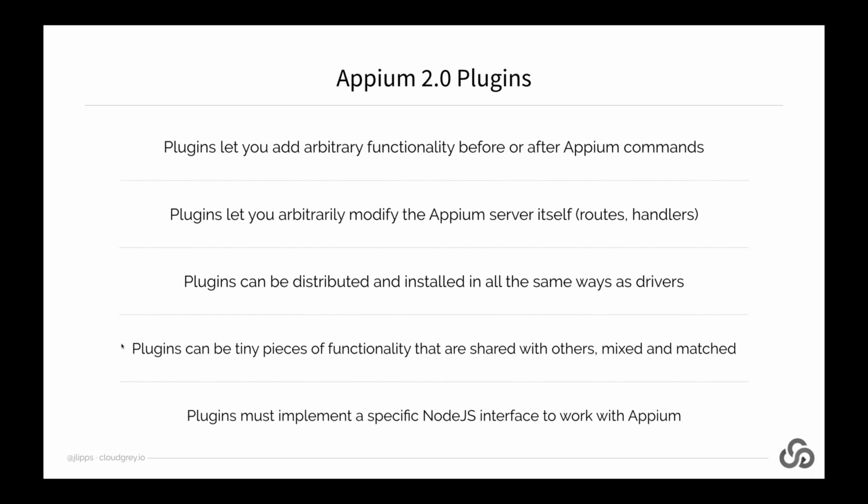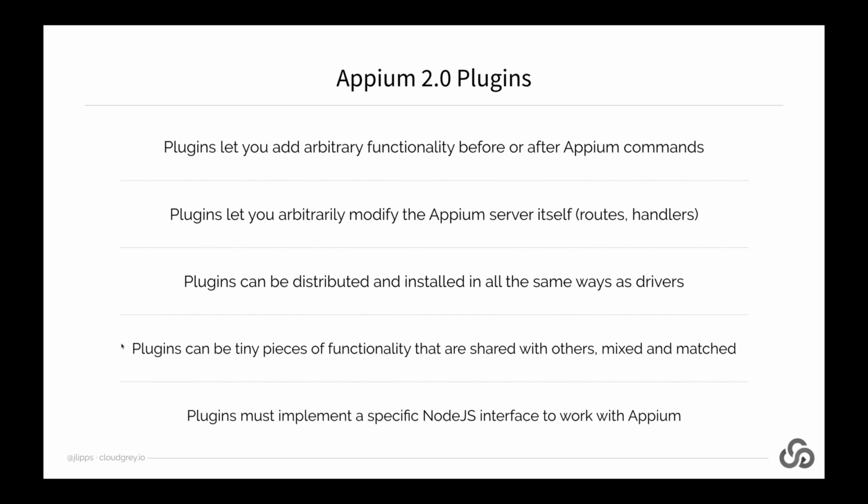So if you think about the find element command, you could write a plugin that when the find element command comes into Appium, instead of sending that command on to the typical driver, you do something else with it.